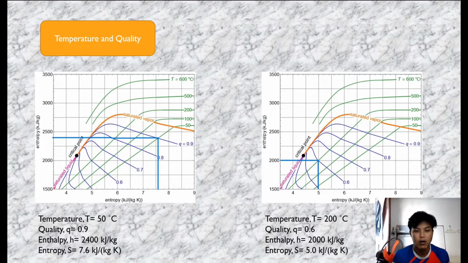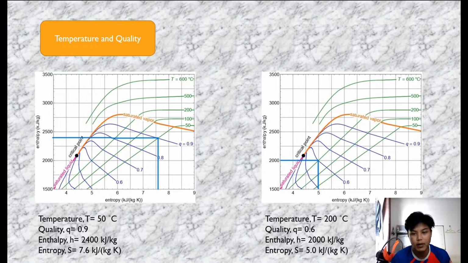We make the vertical line for finding the value of entropy, and make the horizontal line from the intersection to get the value of enthalpy. The enthalpy is 2400 kJ per kilogram, and the entropy is 7.6 kJ per kilogram Kelvin.